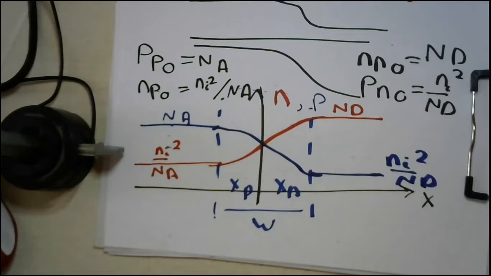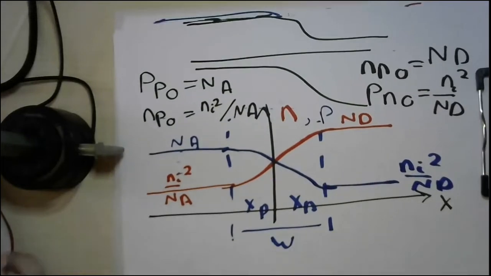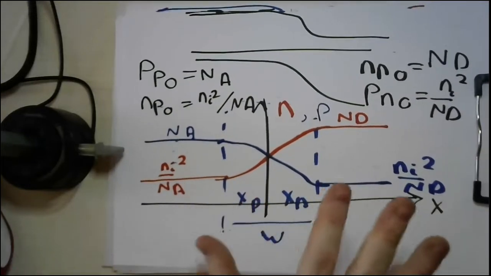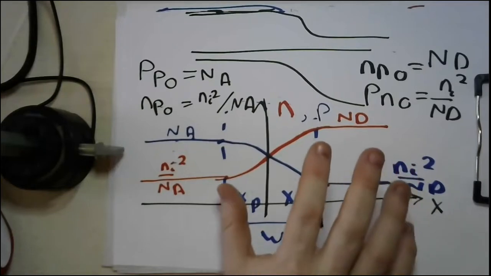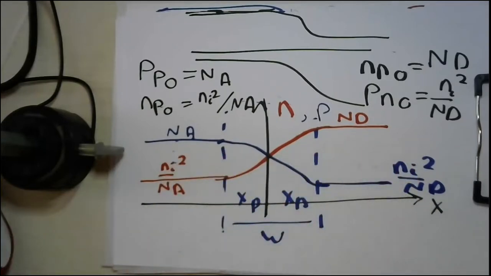These curves represent the hole and the electron concentration under thermodynamic equilibrium. Now, what we are going to do is simply replot a similar graph, but under forward bias and under reverse bias. Let's start with the forward bias.